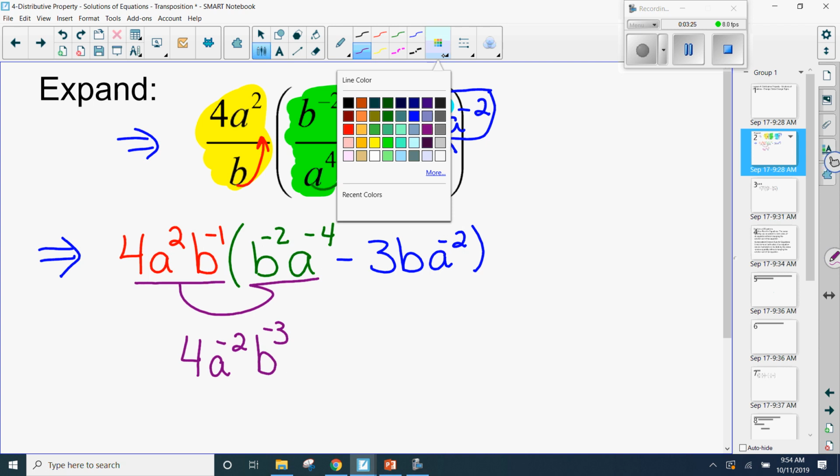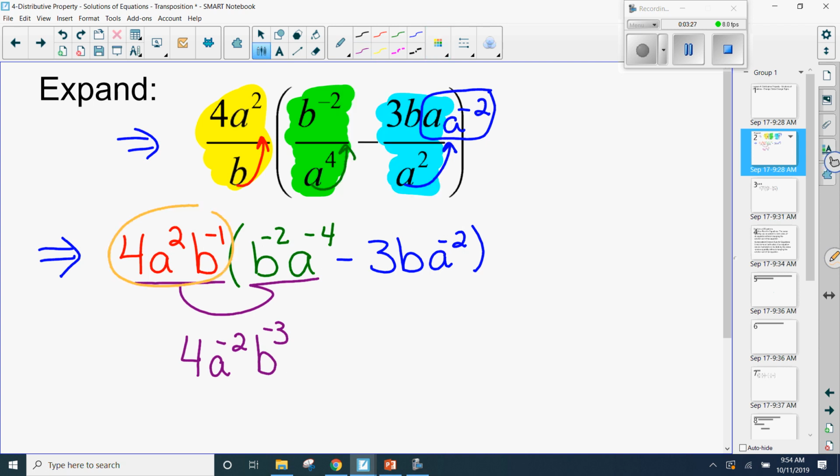Now we want to take the red times the blue. If I distribute this red part to the blue, you have 4 times negative 3, which is negative 12. A to what power? Not just a, it would be to the 0 power. If you leave it as just a, what's that exponent understood to be? A 1. So we can't do that. B to what power? Negative 1 plus, this is understood to be a positive 1, which gives you 0.